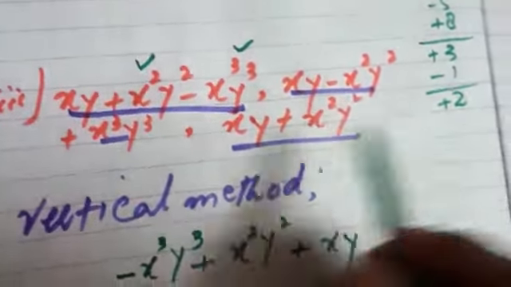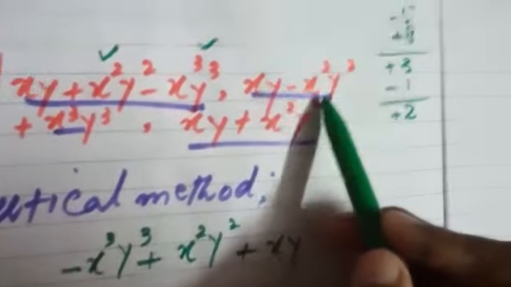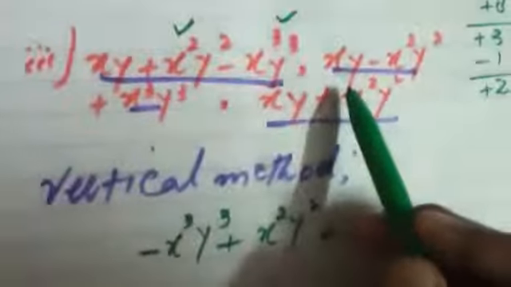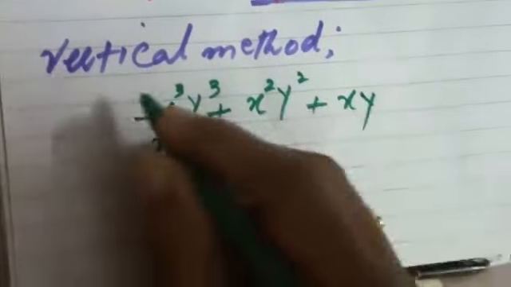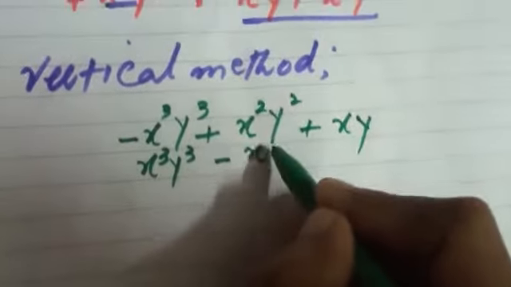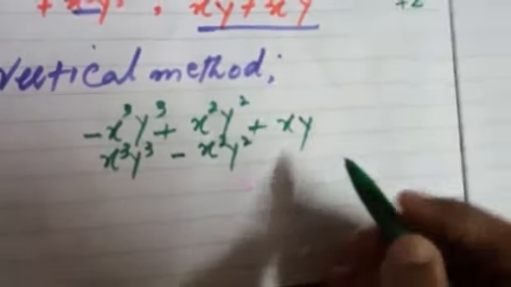See the second expression: plus x cube y cube, then minus x square y square, and the third is plus xy.